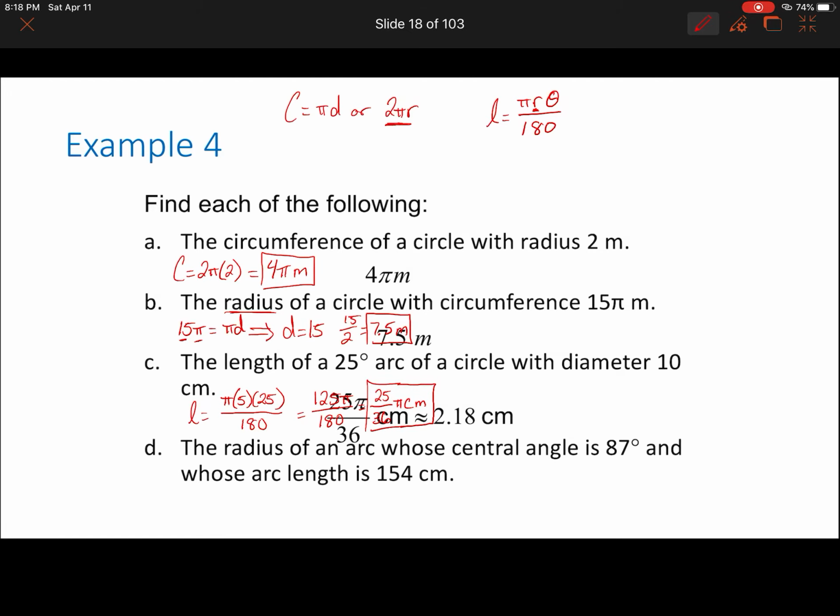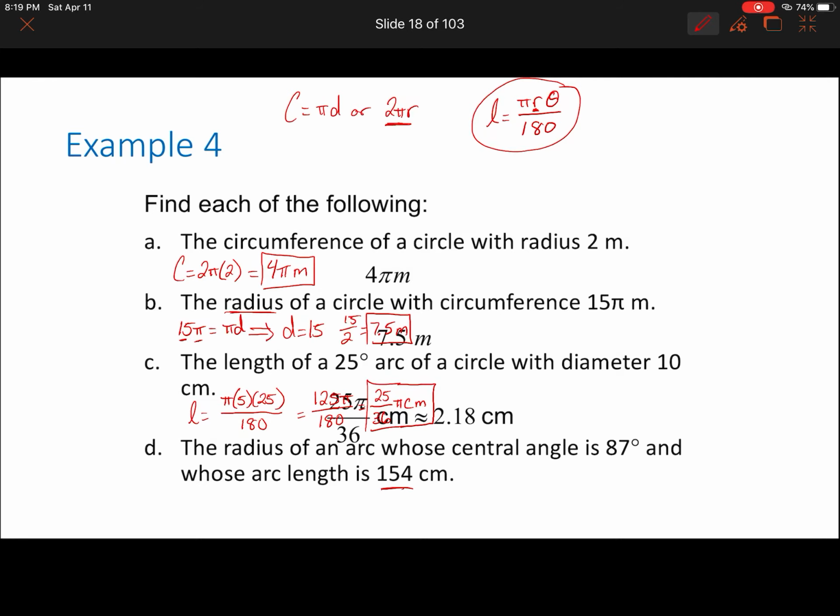Now, look at the next one. So the next one says that we want to find the radius of an arc whose central angle is 87 degrees and whose arc length is 154 centimeters. Now, again, if we go back here and use this formula, and I'm going to do this at the top just to give me some room. The formula says that our L, which is our arc length, is equal to some stuff.